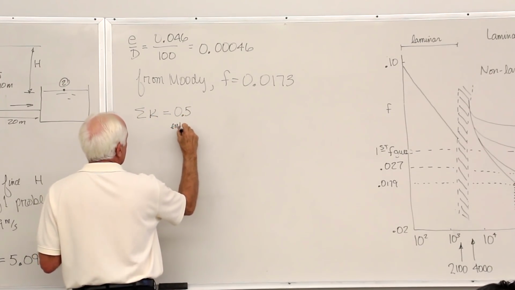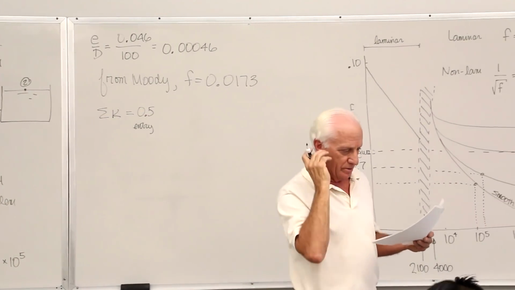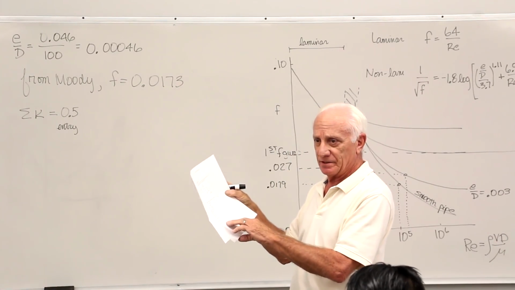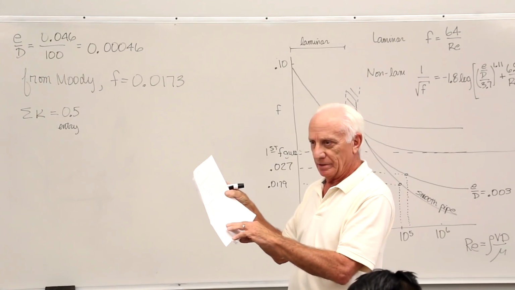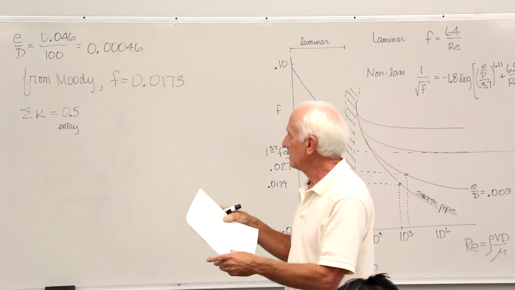We're going to assume square-edged unless told otherwise. You could make it well-rounded, but that's expensive, not normally done. So unless it says well-rounded, always assume a square-edged inlet, 0.5.